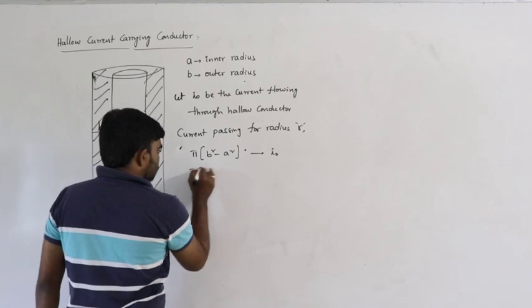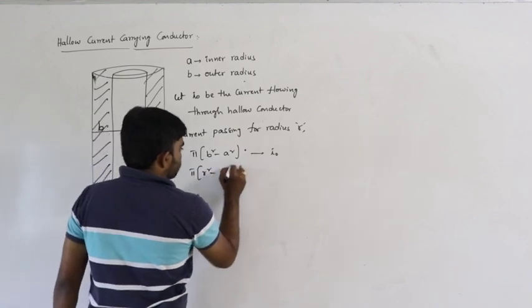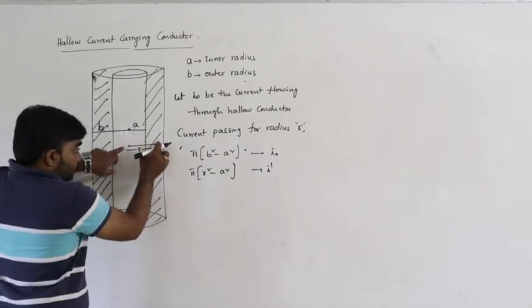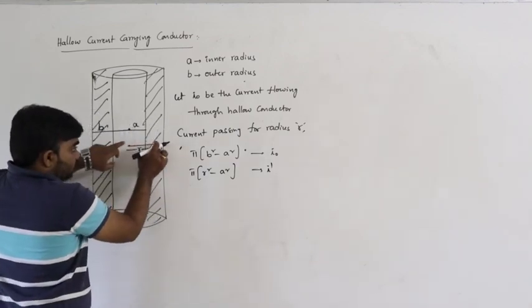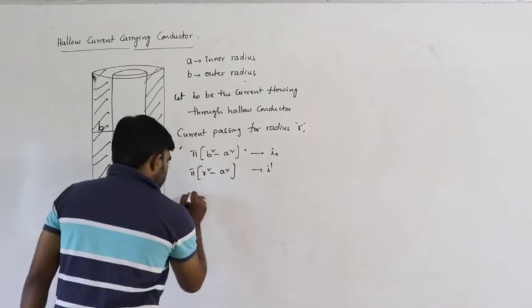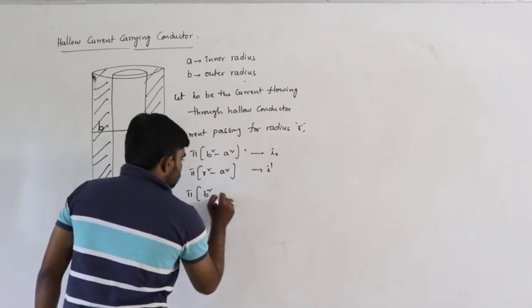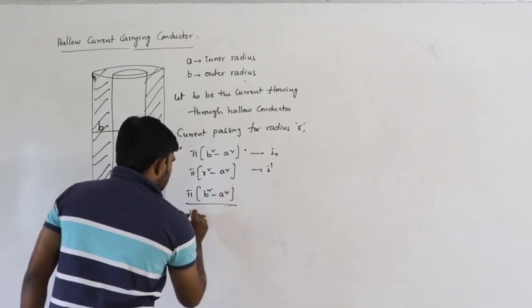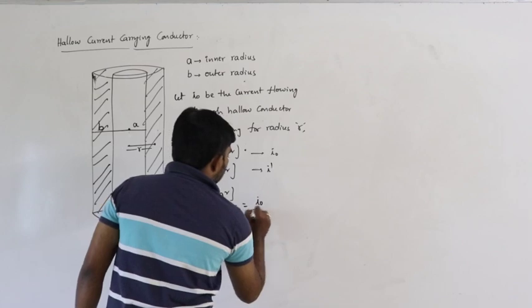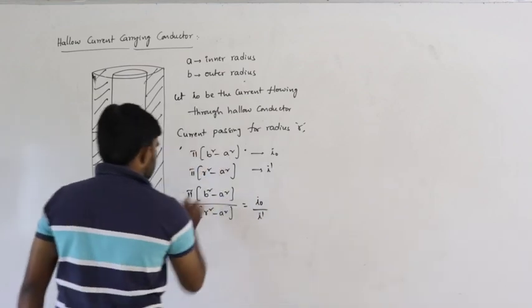Let us say here pi into r square minus a square, what is the current? It is I dash. For pi into r square minus a square, let us say the current is I dash. Now pi into b square minus a square divided by pi into r square minus a square equals I naught by I dash. Pi gets cancelled.